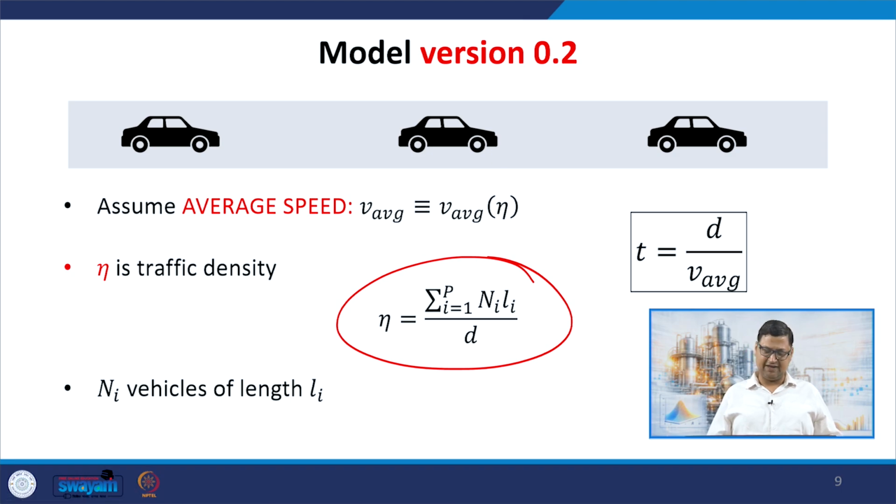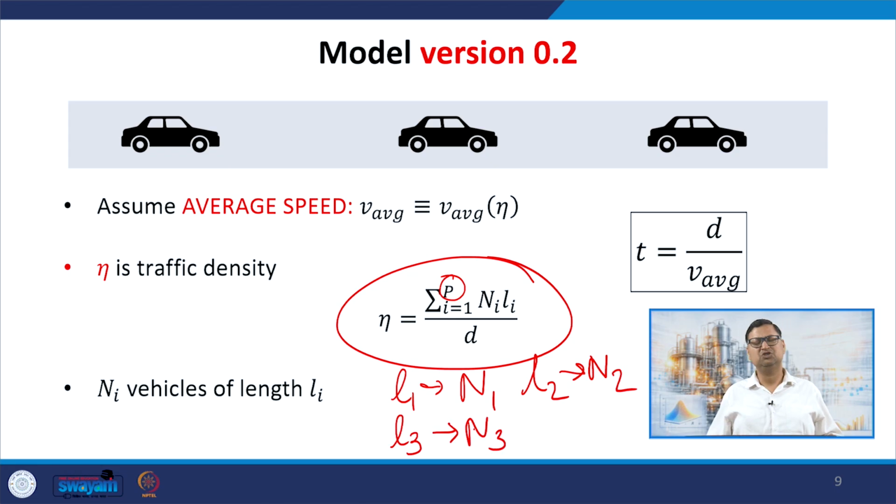So, let us say we have some p different kinds of vehicle on the road, and let us say i equal to 1 refers to hatchback. They have a length L1, and we have N1 vehicles which are hatchback. Similarly, let us say L2 refers to the sedans, and we have N2 such sedans, and similarly we have N3 such SUVs, and similarly L4 buses and things like that.